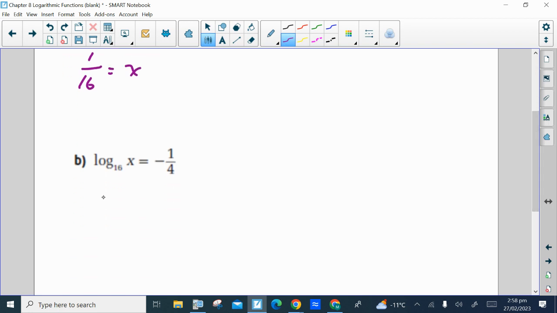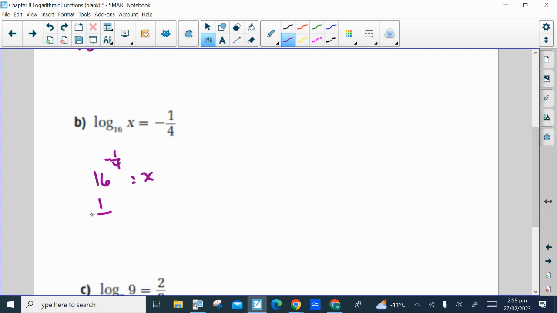Question B, to find out what x is, you convert from logarithmic to exponential. Start with the base and cycle through. The base of the log will equal the base in exponential form. So that'll be 1 over 16 to the positive 1/4, right? You cannot evaluate expressions with negative exponents. We have to make them positive.